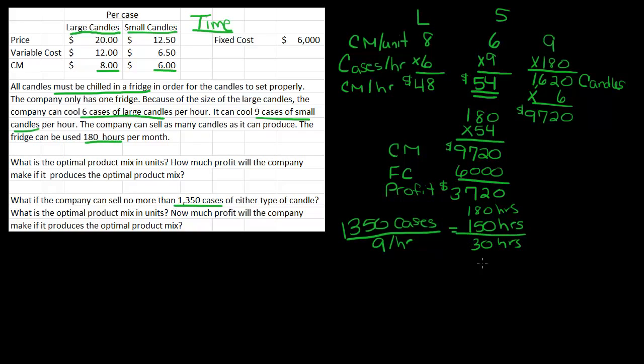Well, how many candles can I make in 30 hours? Times 6, because I can make 6 cases per hour. So that's 180 cases of large. So that means I'm going to make 1,350 cases of small and 180 cases of large.